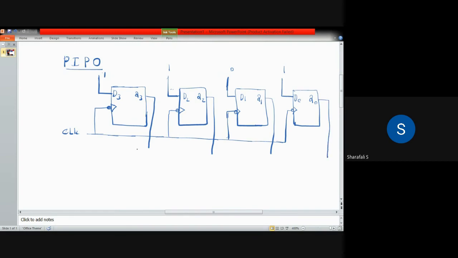You can directly take data as the output of each and every flip-flop, like 1, 1, 0, 1. So this is the parallel input, parallel output configuration. And as I discussed earlier, the parallel input, parallel output configuration is also used as a storage register, or we can also call it a buffer register.